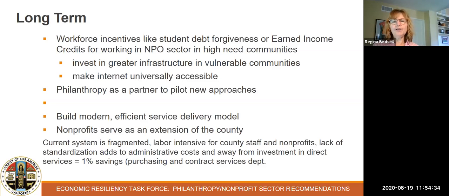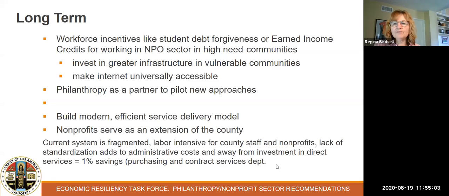And maybe, if we came up with some great ideas, philanthropy, as always, is more interested in serving to help partner on pilots, new ideas that the county could then bring to scale. But really with a goal of, wherever possible, creating a more efficient service delivery model, and then really underscoring the unique relationship that we have in the nonprofit sector, essentially as the workforce for the county.